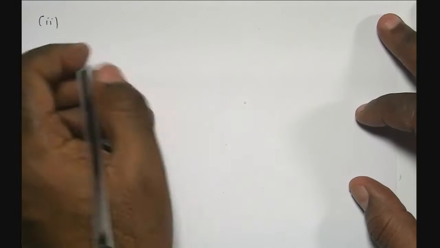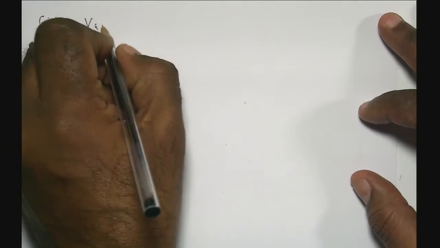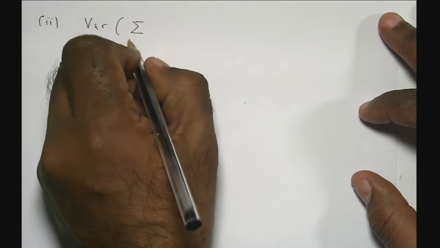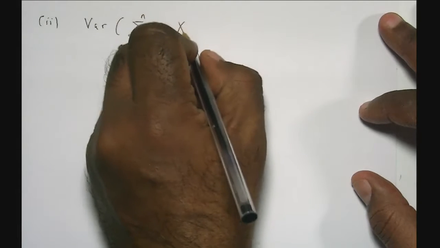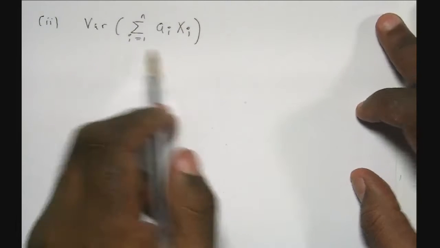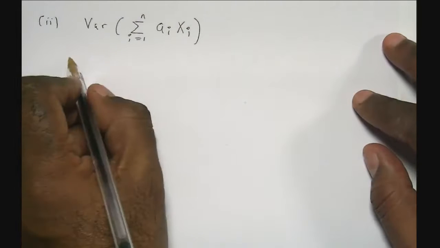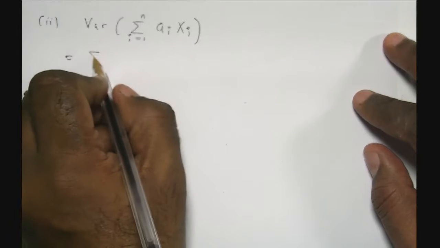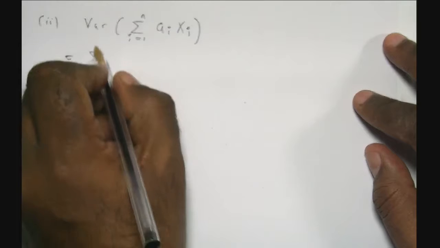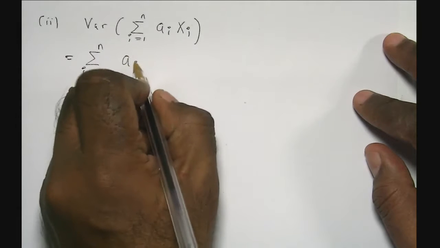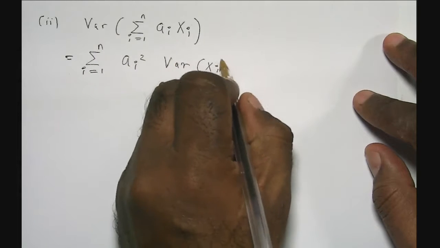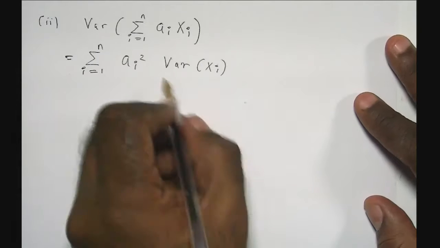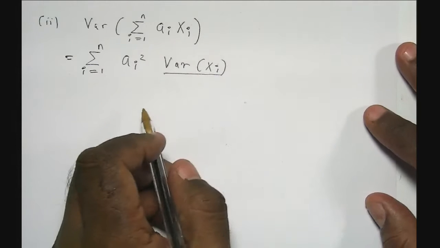Alright, now part 2. Part 2 is to find the variance of the same estimator. If you take the variance inside, it becomes the sum of the variances. Now the variance of Xi, what's that?